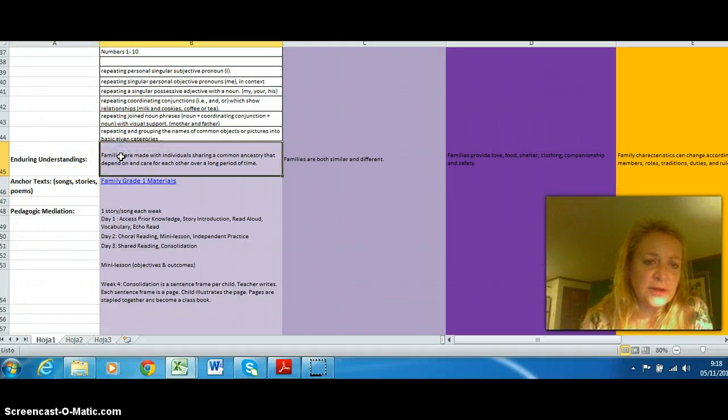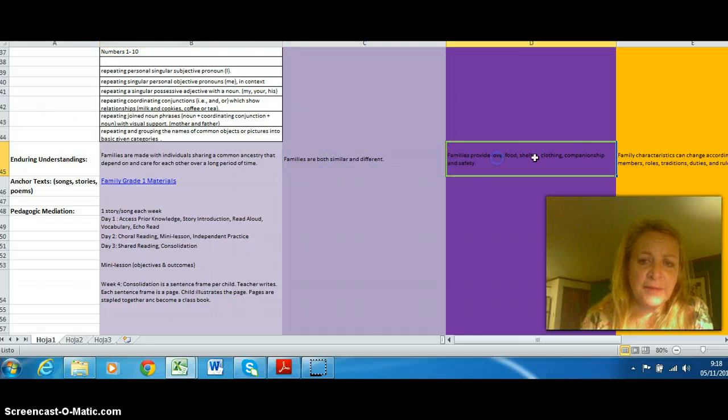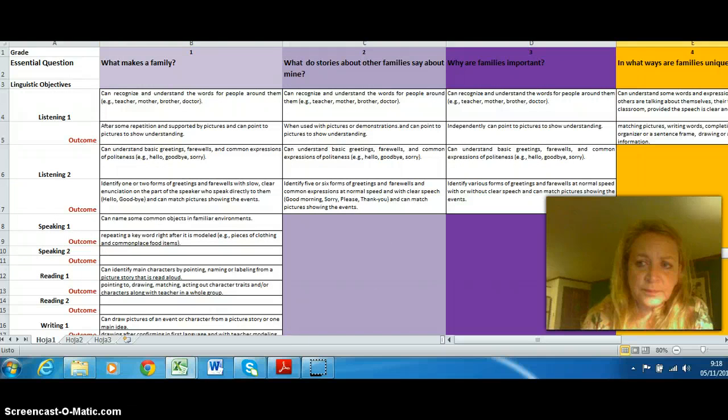So these are the enduring understandings that I'm thinking would be a natural outcome to the essential question. Below the essential question, then, I start putting in the objectives that are listed here and then matched to the outcomes. All right.